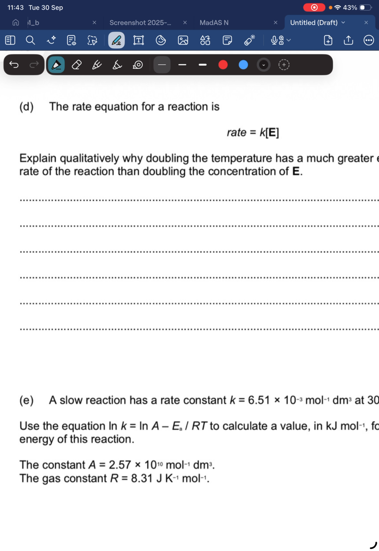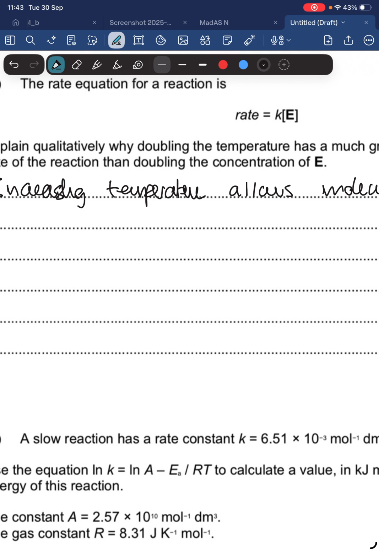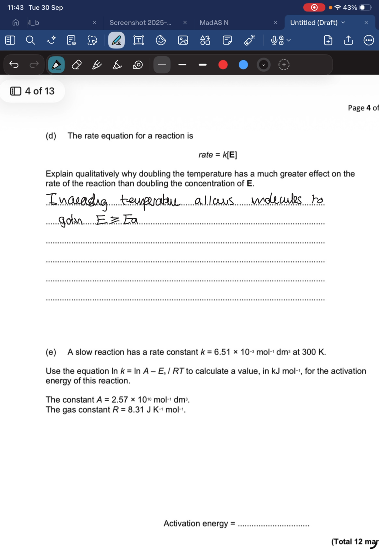Okay, so increasing temperature allows molecules to gain energy greater than or equal to the activation energy. And activation energy is basically the minimum energy required for collisions to successfully form a product. Okay, so this is my first point.